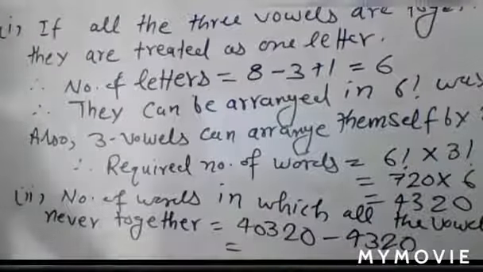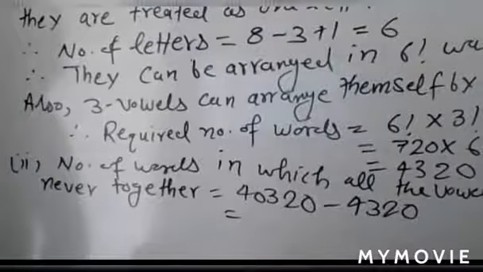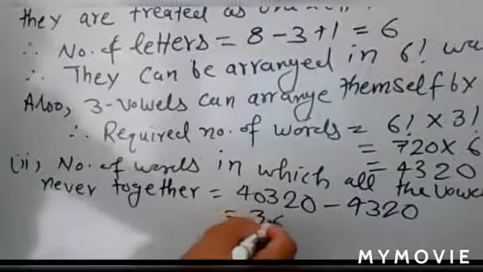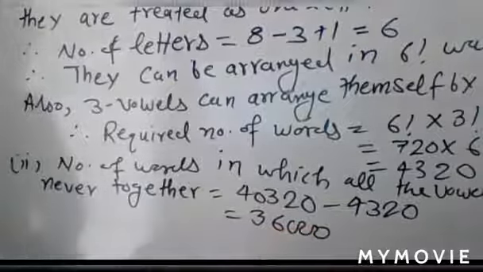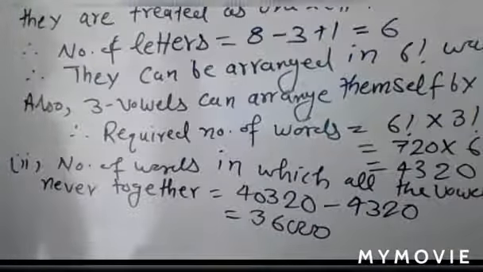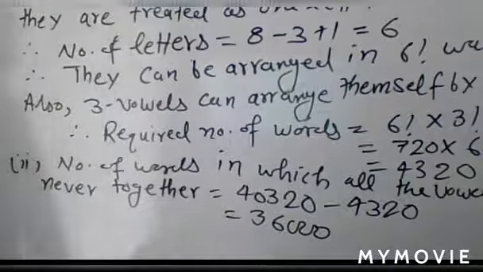Subtract it and that gives your answer. So what is that? 36,000. So here you have 36,000 words in which all the vowels are not together.